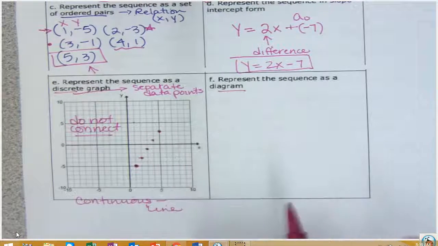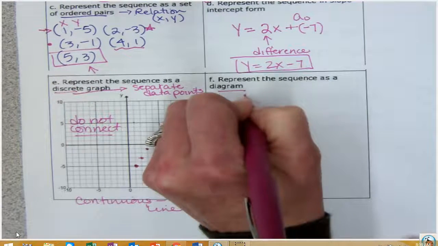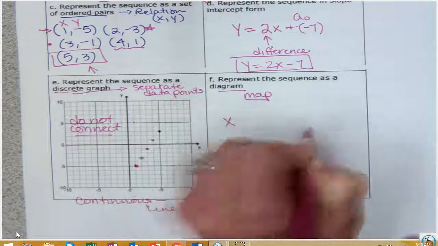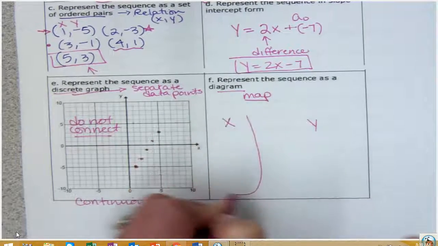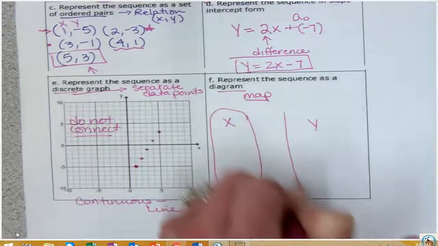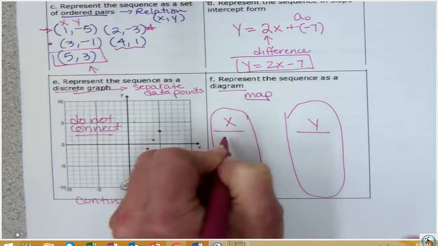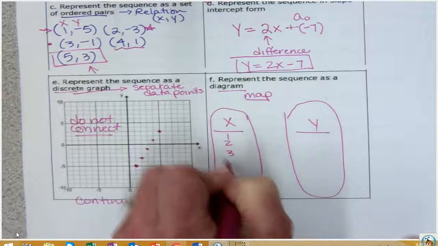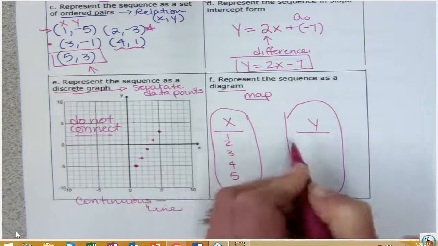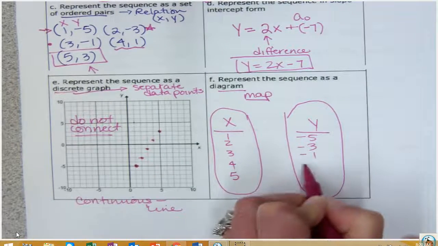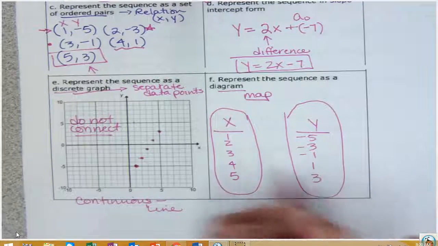Then represent it as a diagram. This is basically your map. We've done this, and hopefully you're going to be like, oh yeah. So you have your x and your y, and you create your mapping. You've got your 1, 2, 3, 4, and 5 here, and your -5, -3, -1, 1, and 3.